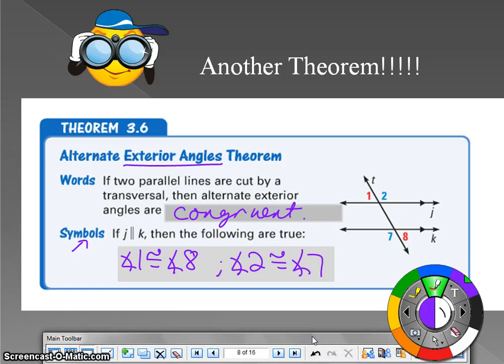And again, they're short form. So if I have parallel lines, then alternate exterior angles are congruent.